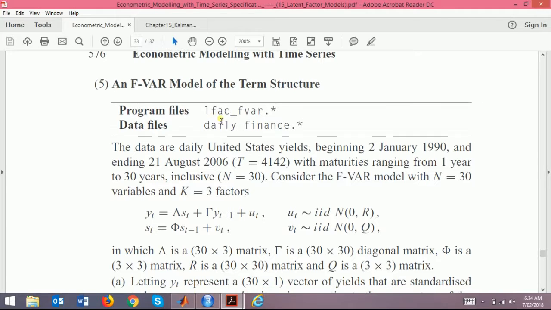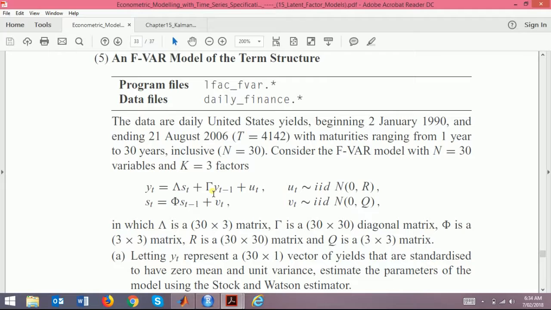The data are daily United States returns from 1990 to 2006, 4,000 data points with maturities ranging from 1 to 30 years, and we have up to 30 variables. Consider the vector VAR model with 30 variables and k equal to 3 factors, where we have an additional exogenous variable: y_t = lambda s + gamma y_{t-1} + u_t, with 0 and R being the mean and variance.